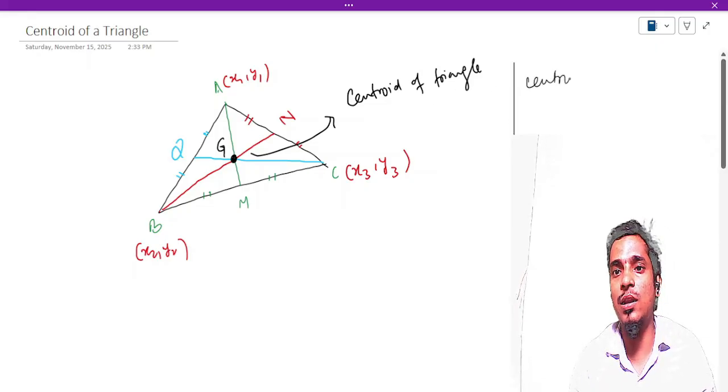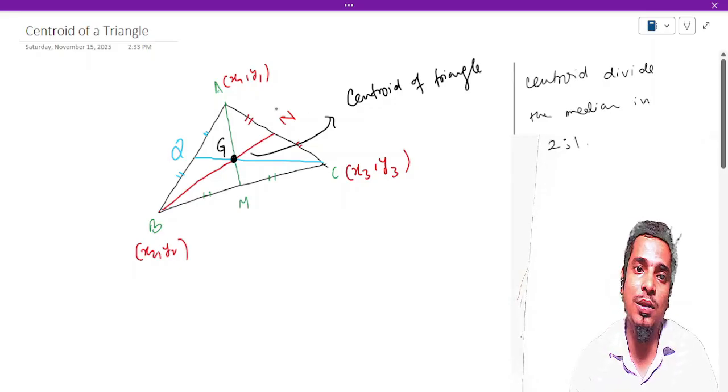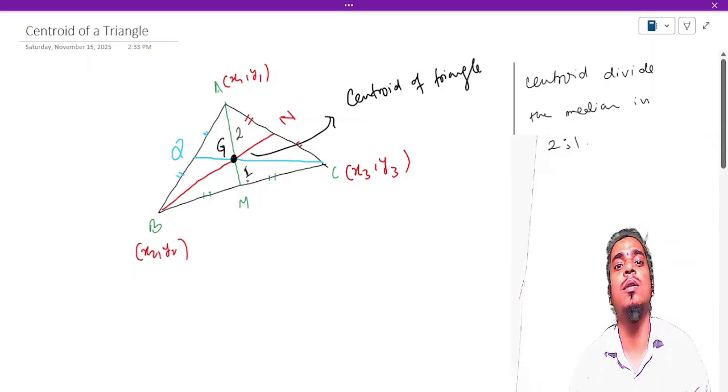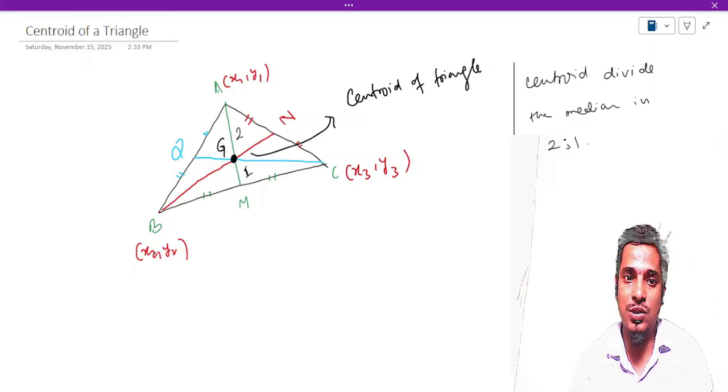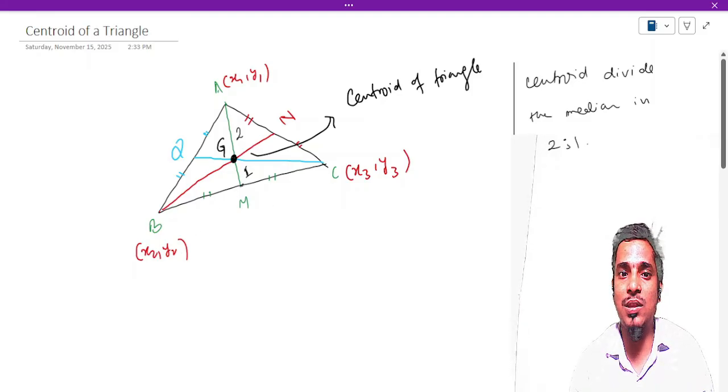Now we can see that the centroid divides the median in the ratio 2:1. That means from the vertex to the centroid is 2, and from the centroid to the midpoint of the opposite side is 1. Over here, we have the two coordinates B and C, and M is the midpoint.